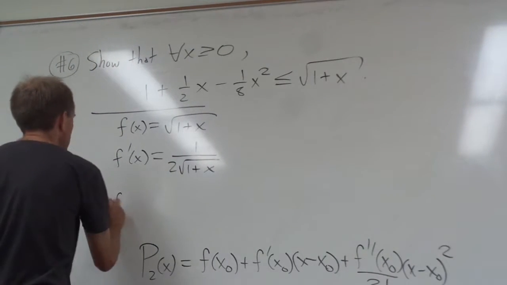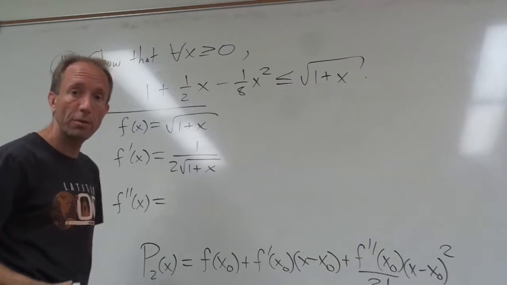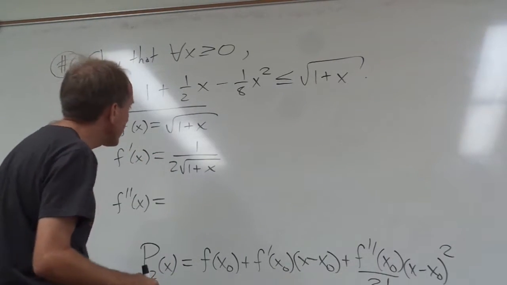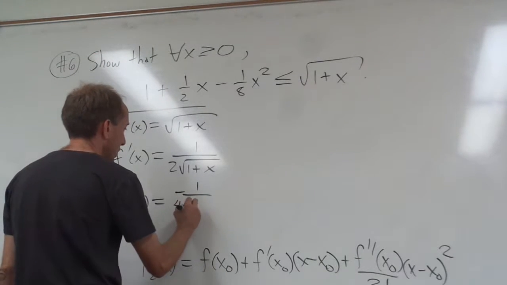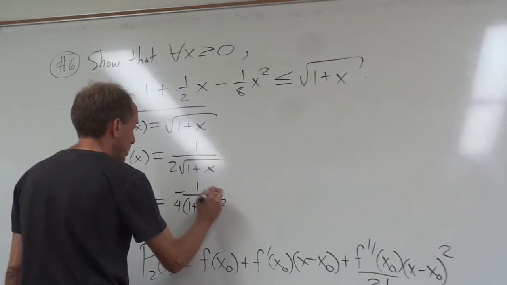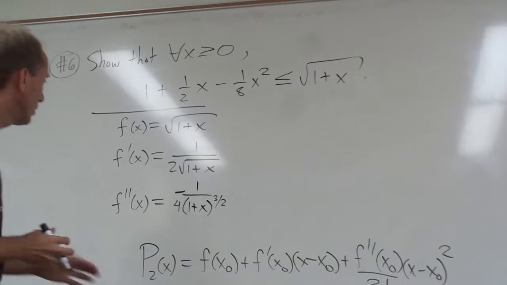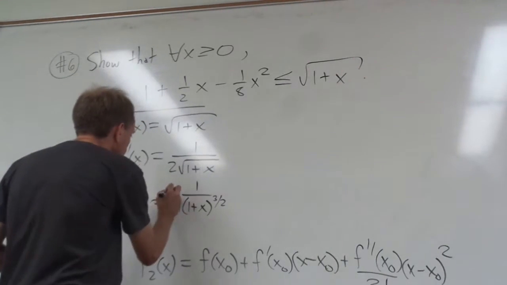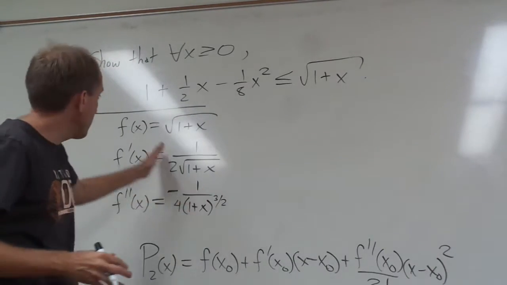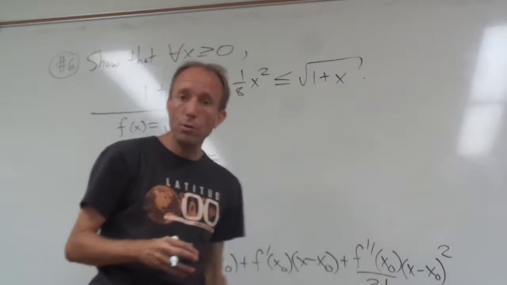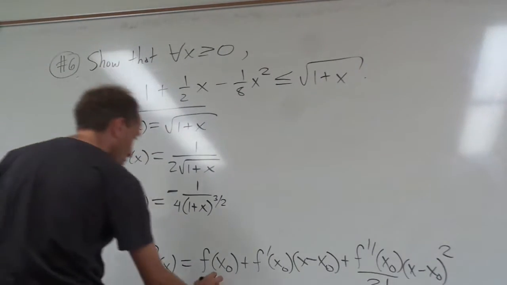And if I differentiate it a second time, just using the power rule and the chain rule, I'll get a negative 1/4, and then 1 plus x to the 3/2. So that would be the form of what we're working with. In all cases, I'm going to be plugging in 0 into those various expressions here. So when I plug in 0 for x, I'll get a 1 here.